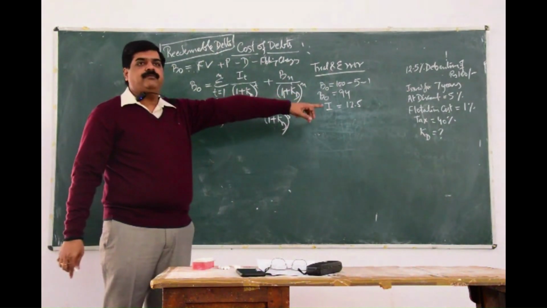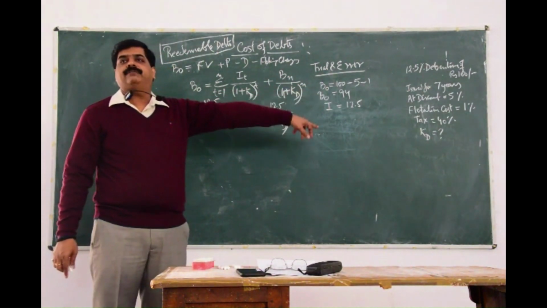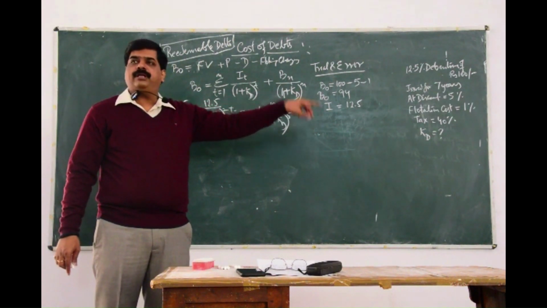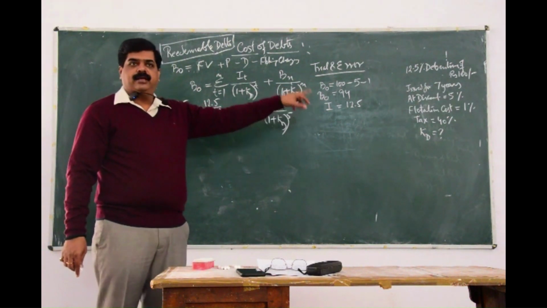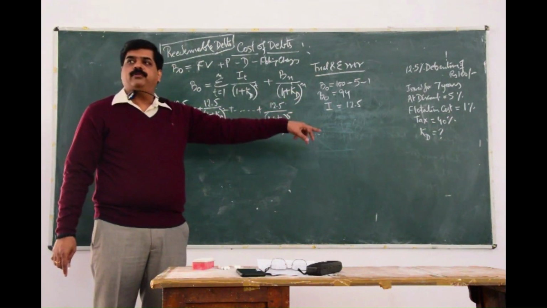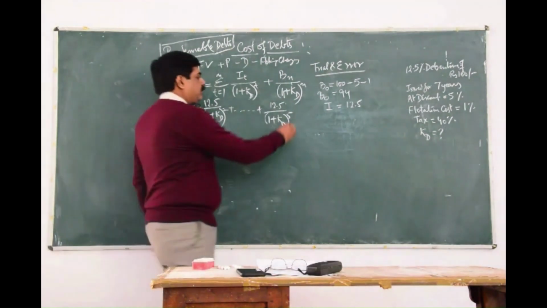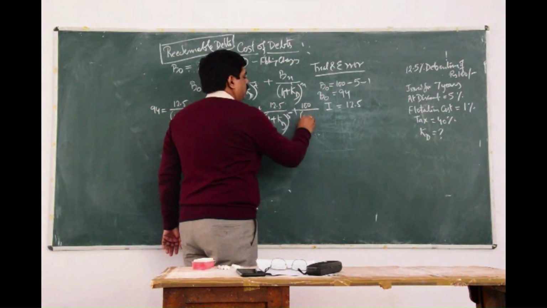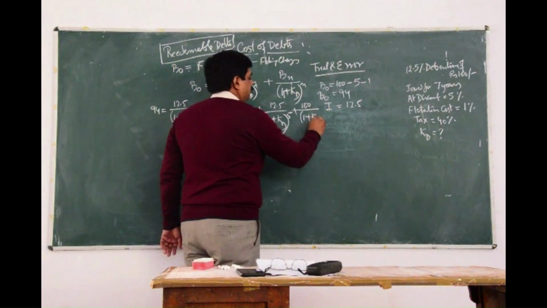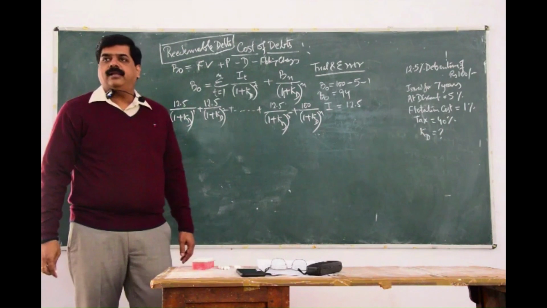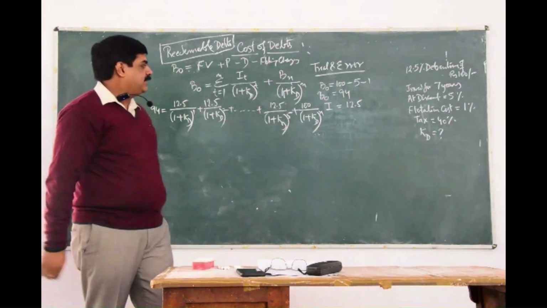Nothing is provided, so we will assume the maturity is at face value. Maturity can be at face value, at premium or at discount if the problem says. Here the problem is silent about the maturity value, so we will assume it will be at face value. So plus 100 upon 1 plus kd to the power n.